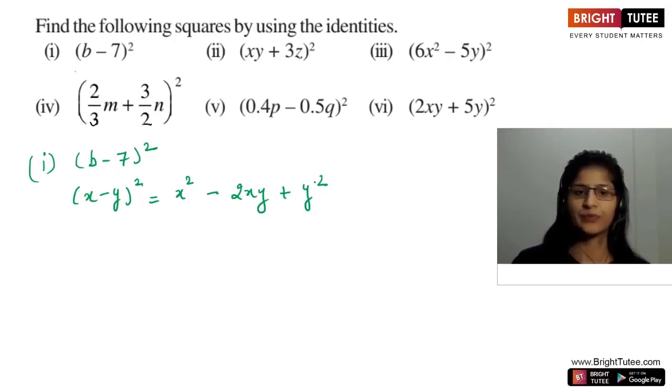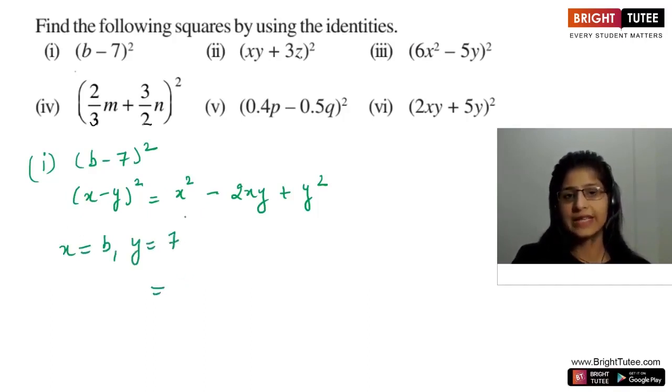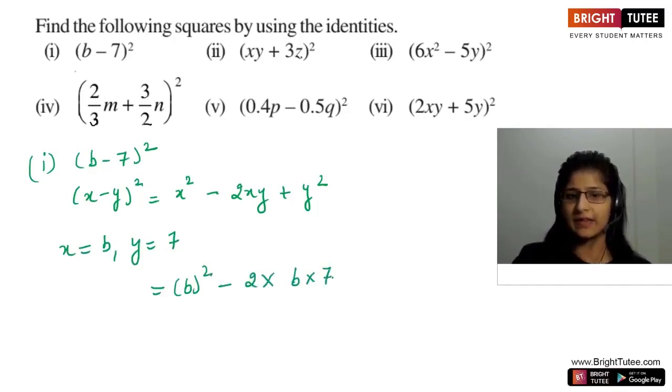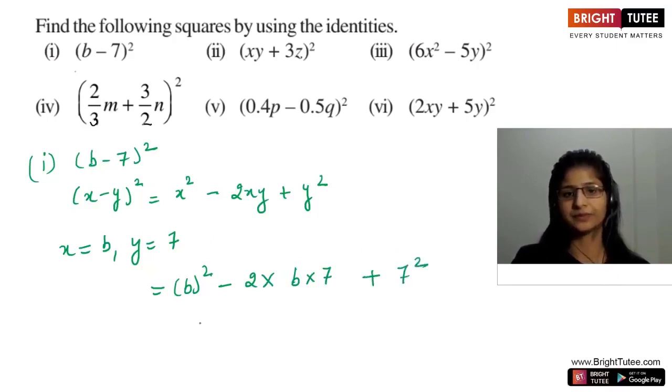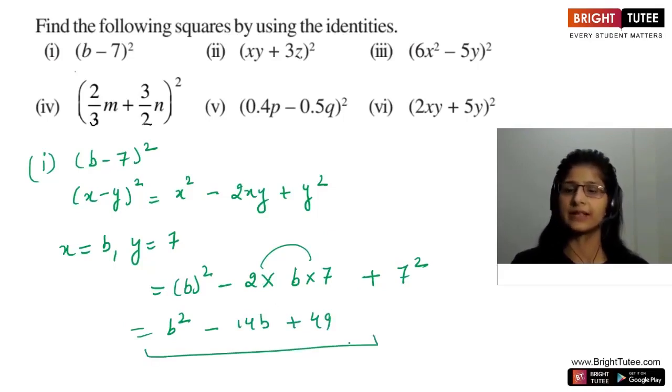Variables can be any. Okay, so here if we compare, x is b and y is 7. Let us put in this formula. So x square will be square of b, minus 2 into x is b, y is 7, plus y square, so y is 7 square. B square minus 2 sevens are 14b plus 49. So this is going to be your answer.